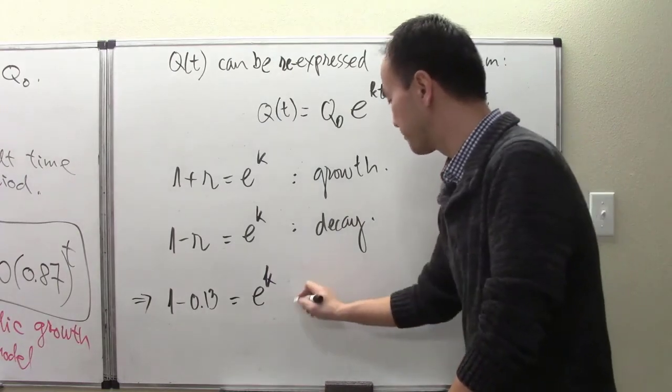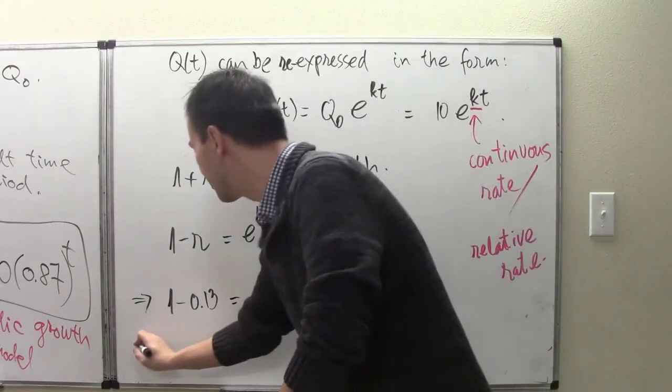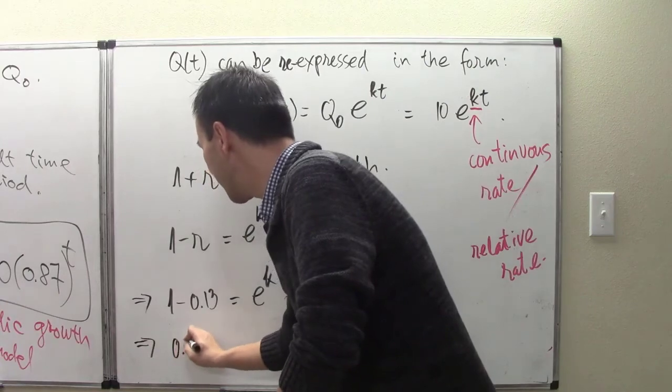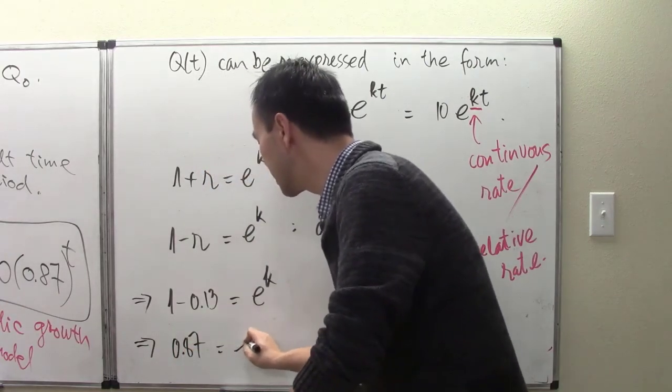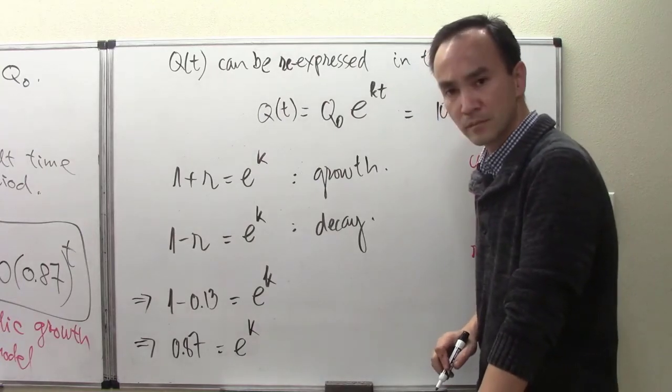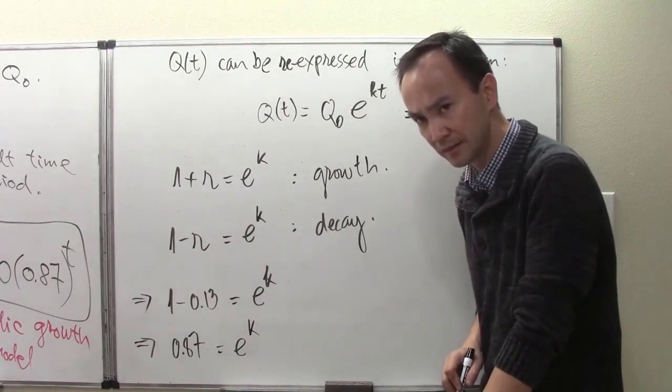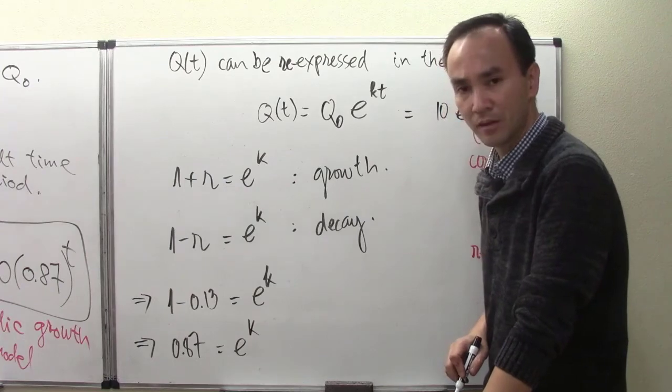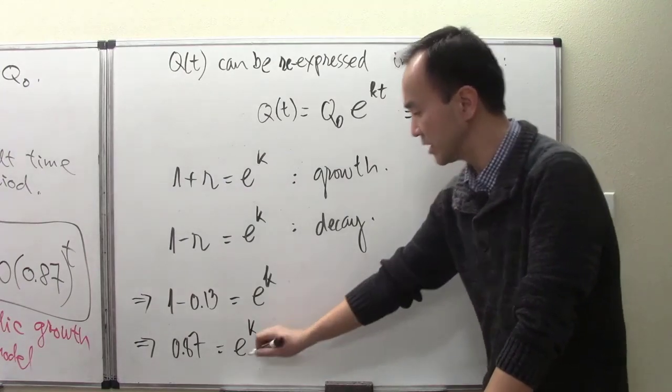And so that leads further to 0.87 equals e to the k.